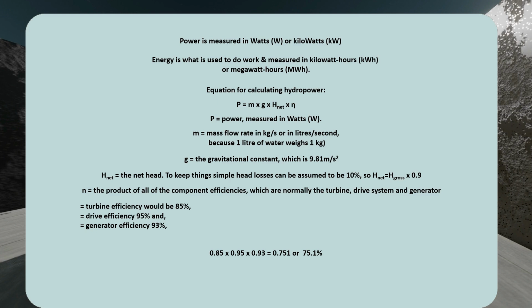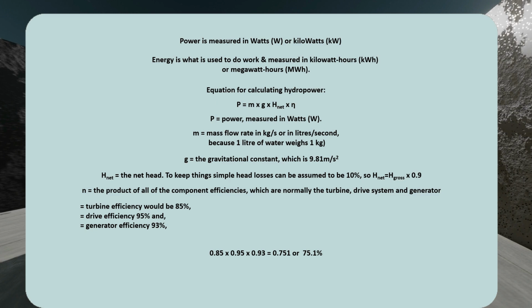To keep things simple, head losses can be assumed to be 10%, so H net equals H gross multiplied by 0.9. Eta is the product of all of the component efficiencies, which are normally the turbine, drive system and generator.